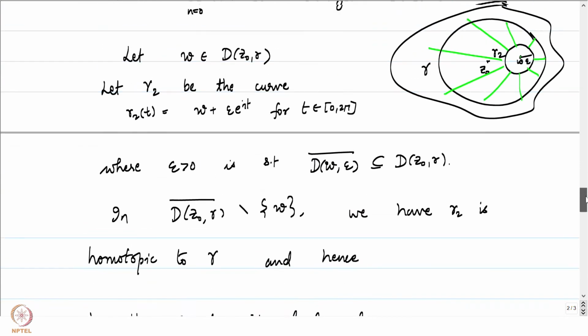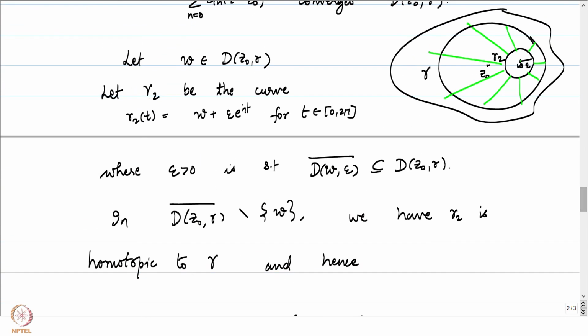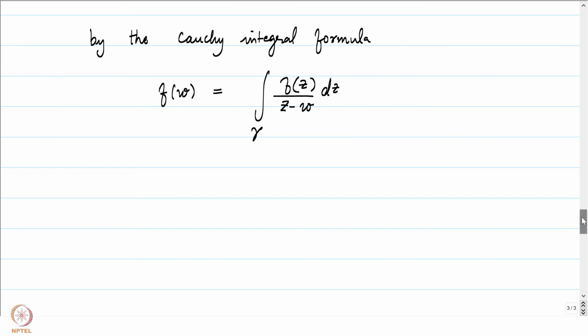Note that we have used the Cauchy integral formula to conclude that the integral of f(z) by (z − w) over gamma 2 is the same as the integral of f(z) by (z − w) over gamma, and that this is equal to f(w) by the previous theorem that we proved. So that's what is written here. f(w) is hence equal to the integral over gamma of f(z) by (z − w).